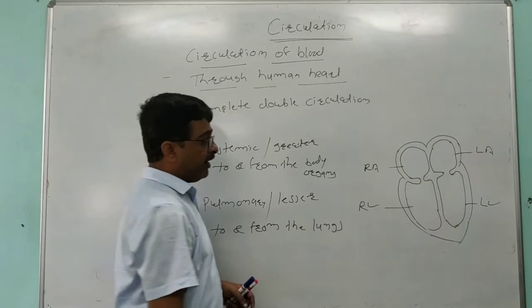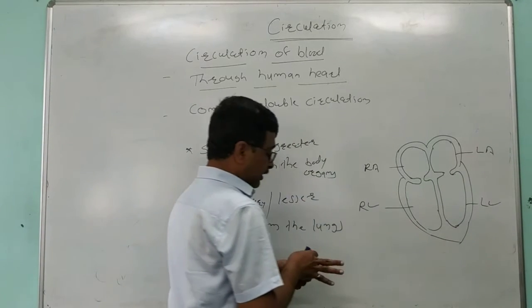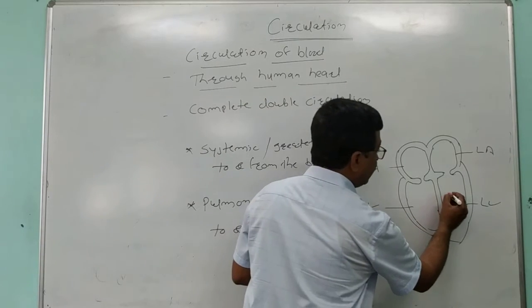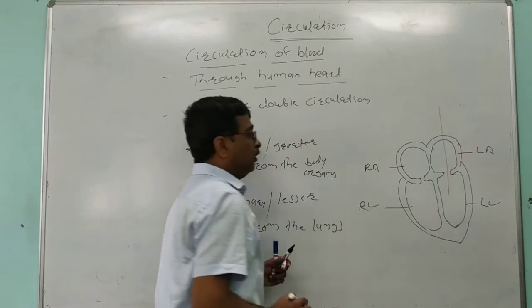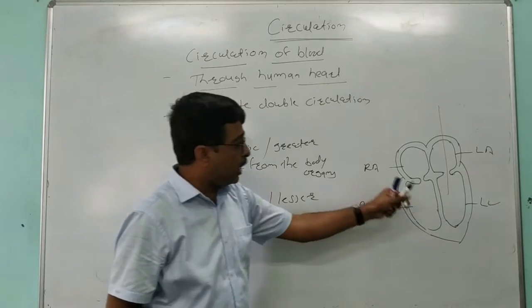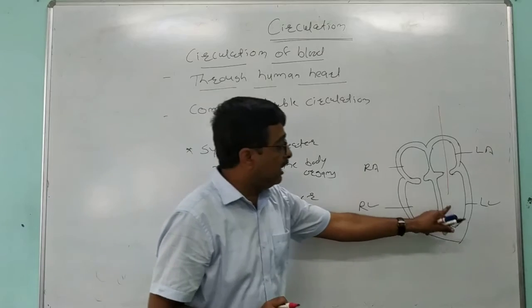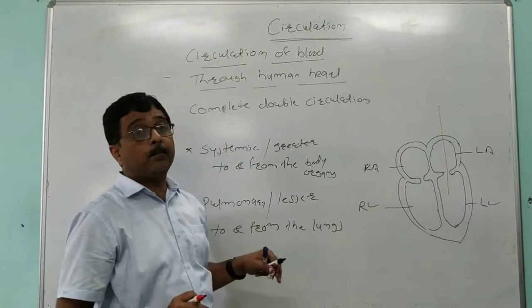So from the left ventricle, the blood is supplied to the body organs, and it is oxygenated blood. With the help of an arrow, we are going to show this. And this arrow means the aorta, which carries the blood from the left ventricle towards the body organs.